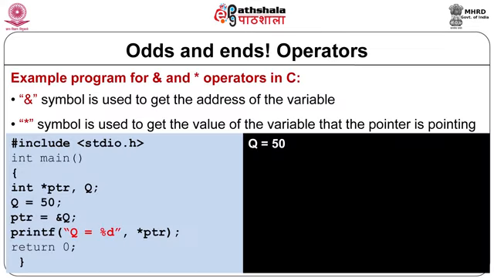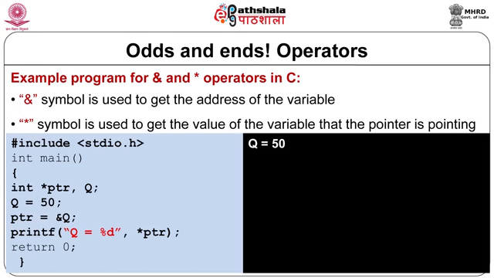Now, here is a simple example on odds and ends operators, that is, special operators. You can see in this program we are using the ampersand and star symbols for discriminating pointers and addresses. Integer star pointer comma q, here q is 50 and we are considering pointer equal to ampersand q, and we are printing star pointer.